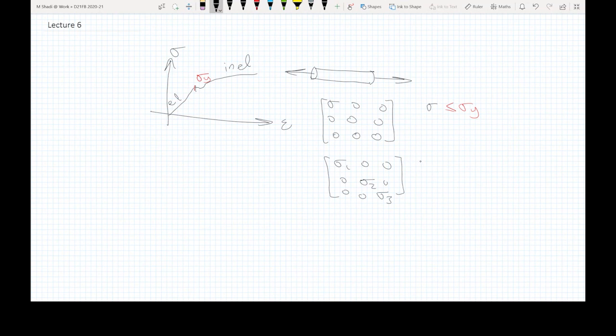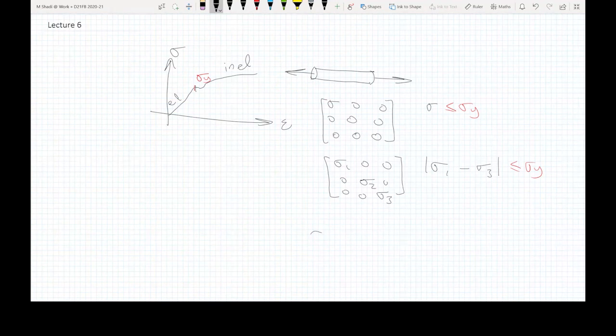So we have the Tresca one: sigma 1 minus sigma 3 should be smaller than sigma y. Or if you want, you can use the von Mises one.